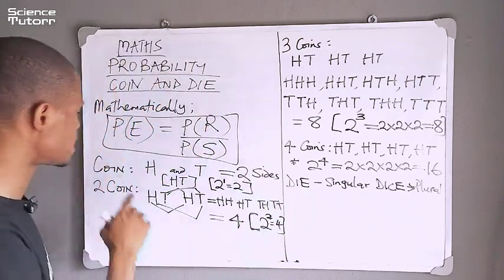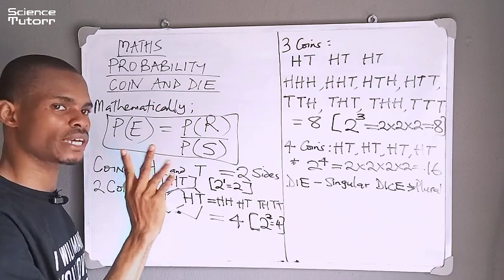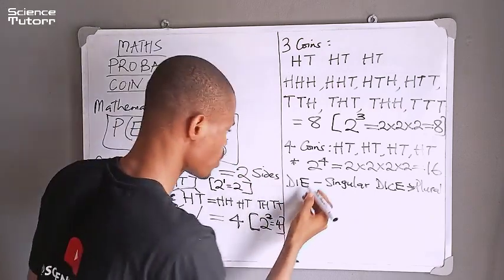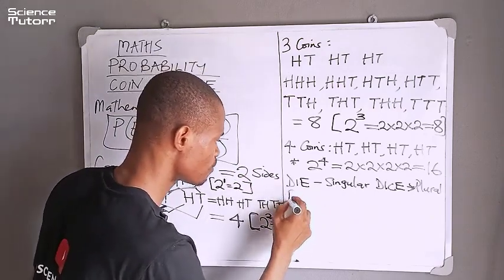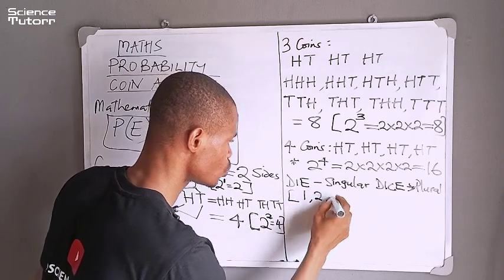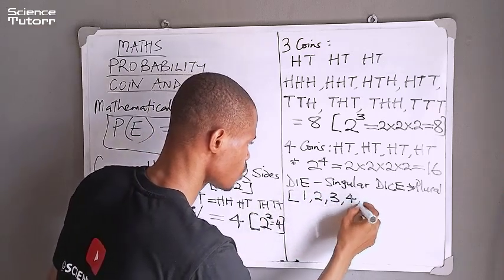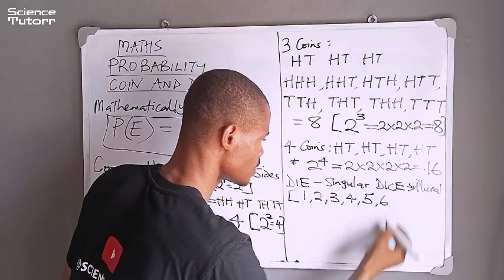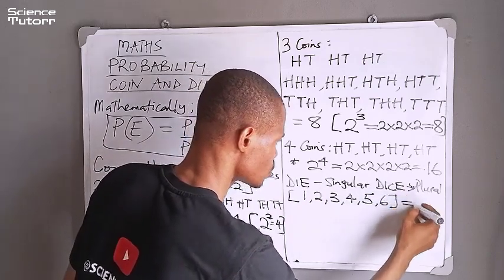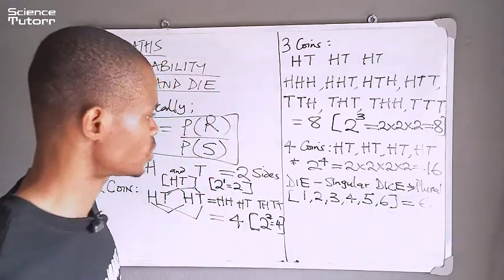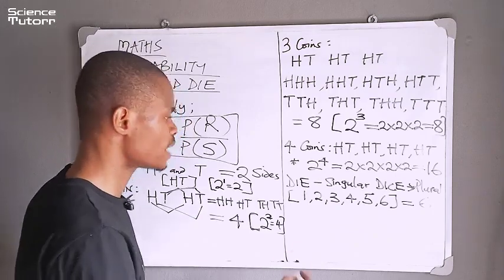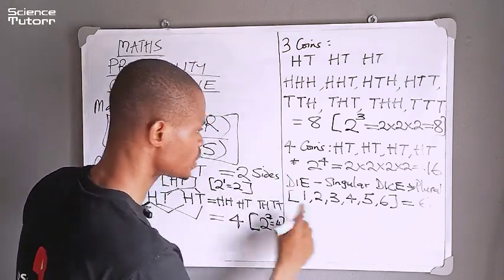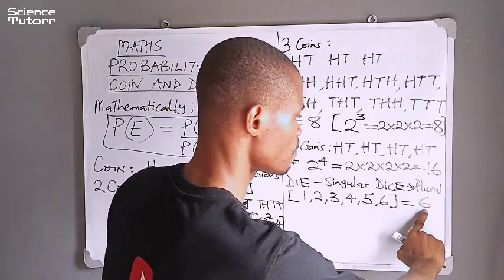Remember, a coin has just 2 sides, a head and a tail. For a die, we have 6 faces, 1, 2, 3, 4, 5, and 6, which makes a total of six faces. So if I throw one die, it will give me 6 faces.